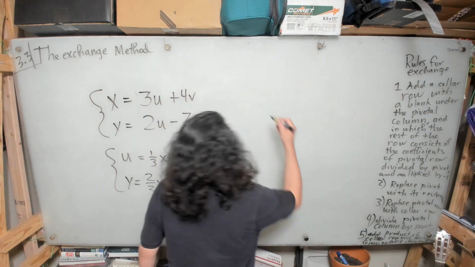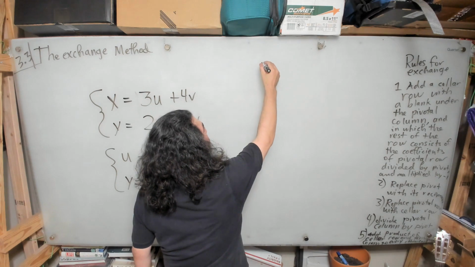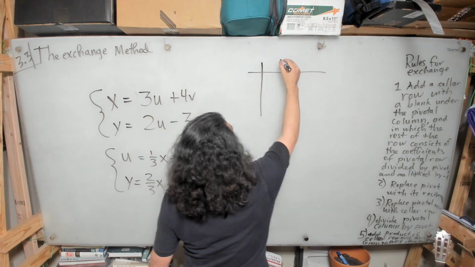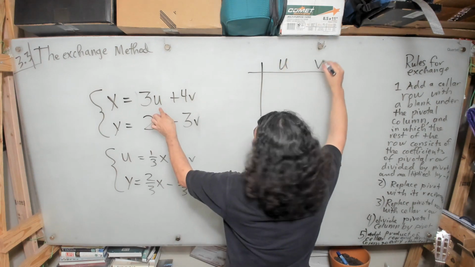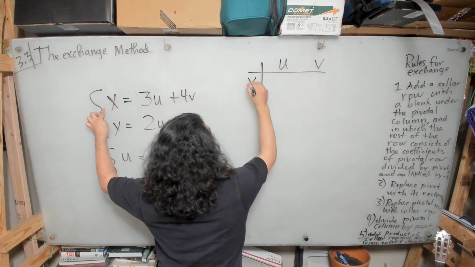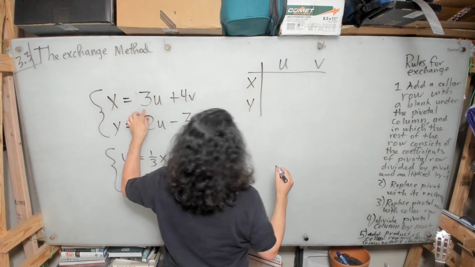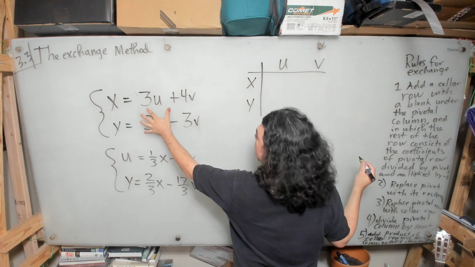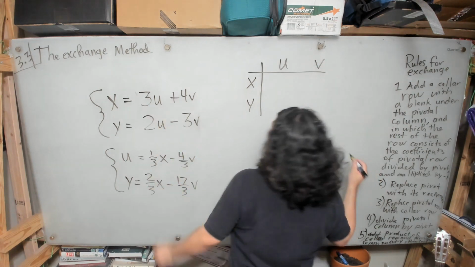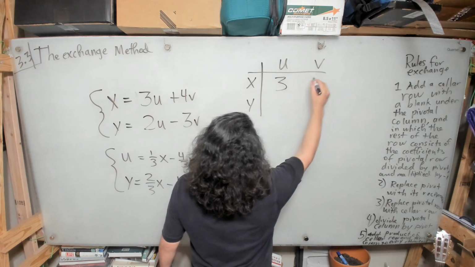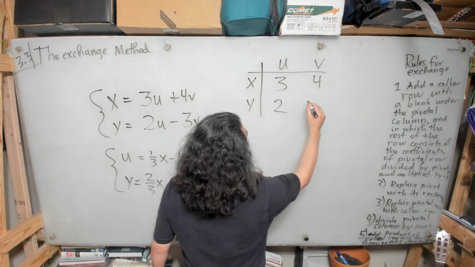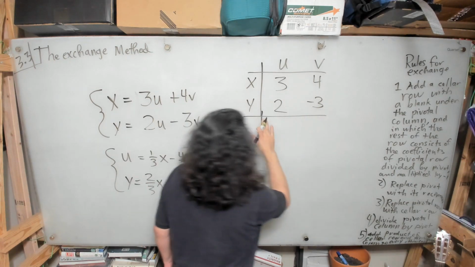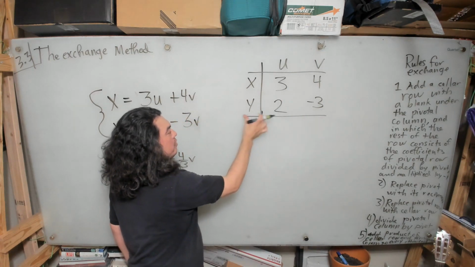First, I'm going to make my tableau, my exchange tableau for this case. Okay? My variables here are u, v, and x and y. And in other words, what I'm saying is that the tableau corresponding to this system of linear equations is this one: 3, 4, 2, -3. So in other words, let me get rid of this bottom part.